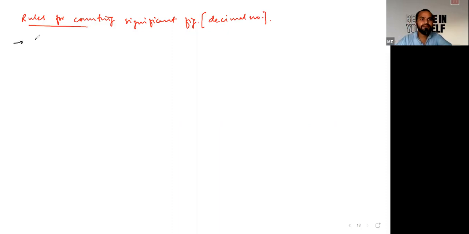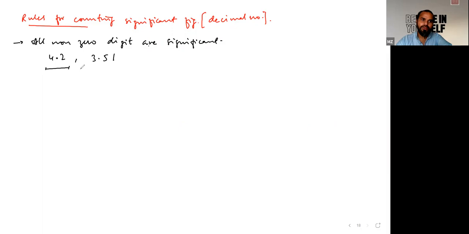The first rule is that all non-zero digits are significant. It means if you have 4.2 and 3.51, the first has two significant figures and the second has three. So all digits which are non-zero are significant figures.